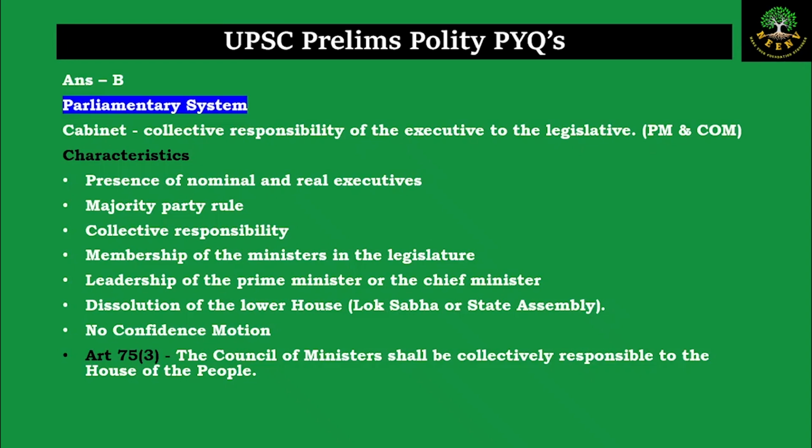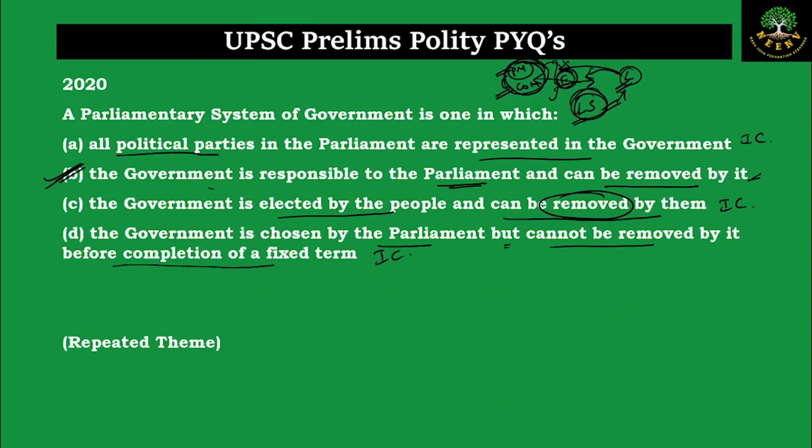Here we have the leadership of the prime minister at the center level or the chief minister at the state level. The no confidence motion can be passed. And Article 75 clause 3 clearly says that the council of ministers shall be collectively responsible to the House of the People, that is, to the Lok Sabha. So the option which best suits the given definition is option B.